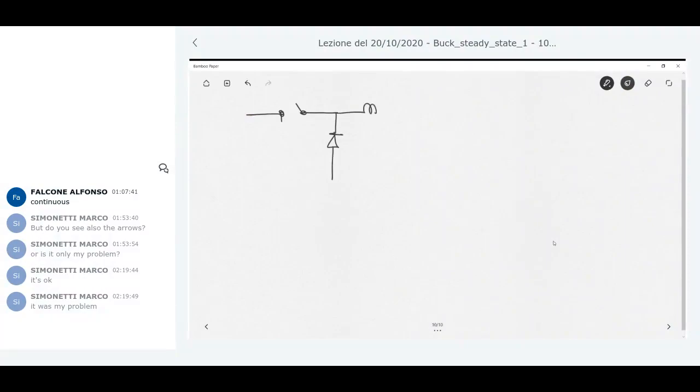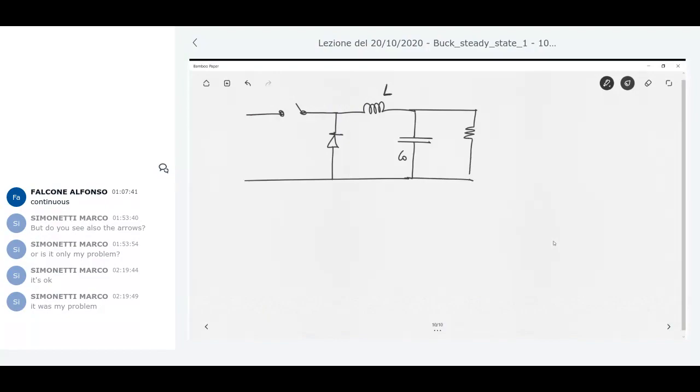Let me replace the MOSFET switch by an ideal switch. Why can I do that? Because one of my hypotheses is to consider the switches to be ideal. So I can do that on the basis of my hypothesis.